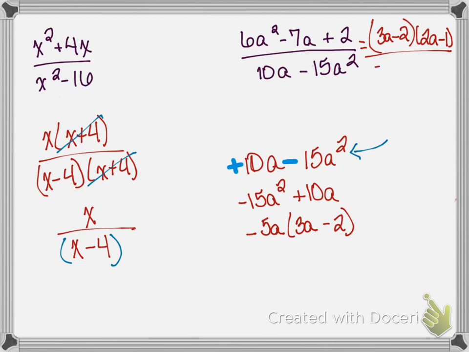So when I do that, I'm left with -5a times 3a minus 2. And then what do I have right here? Do I have something I can cancel? Yes. So my answer to this is 2a minus 1 over -5a.